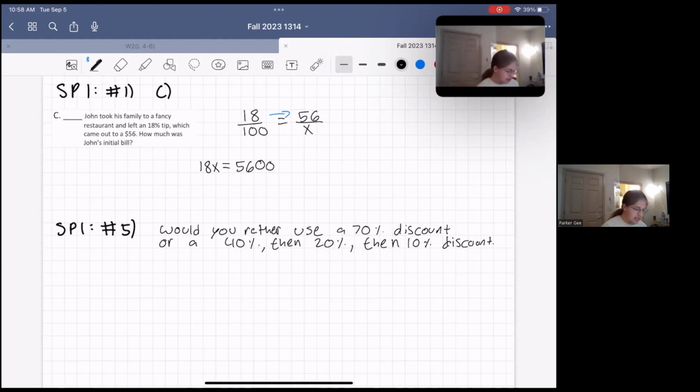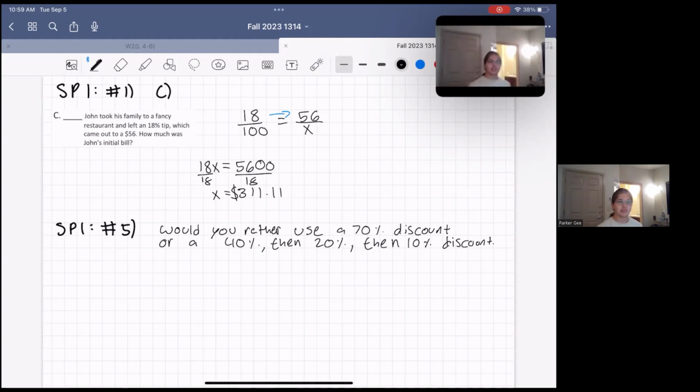We divide by 18 on each side. We get X is equal to 5,600 divided by 18, which comes out to $311.11. So that's one way of completing this problem.